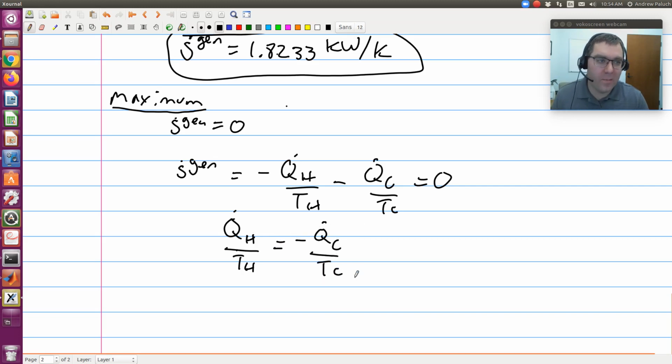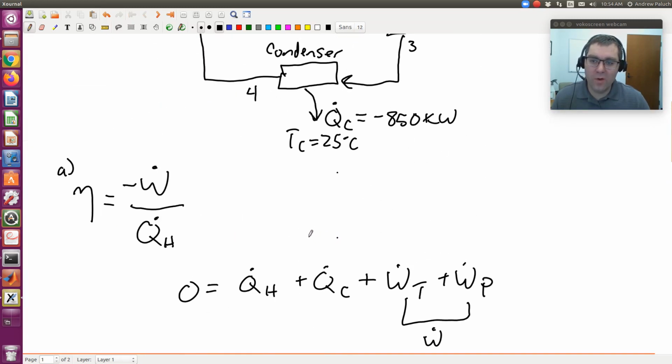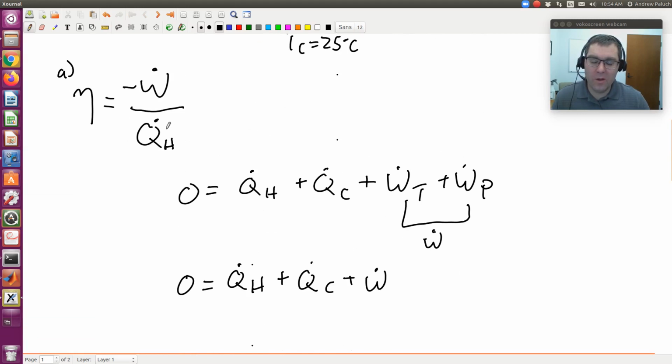Now before I manipulate this any further, I'm going to go back to my efficiency equation and my first law balance. Both of these will also be exactly the same. I'm going to see how I could use Sgen equals 0, my entropy balance equation, to simplify this to get it just in terms of temperatures.